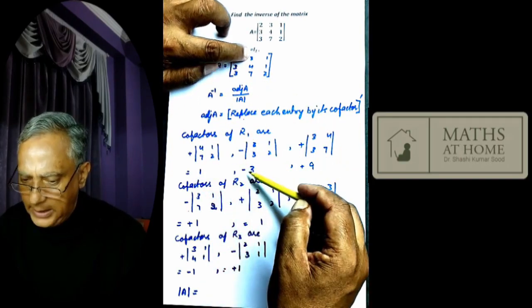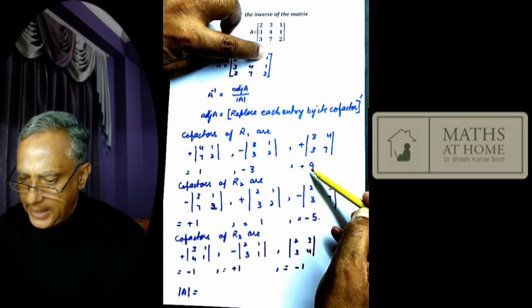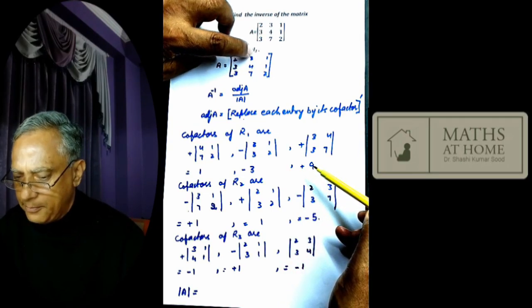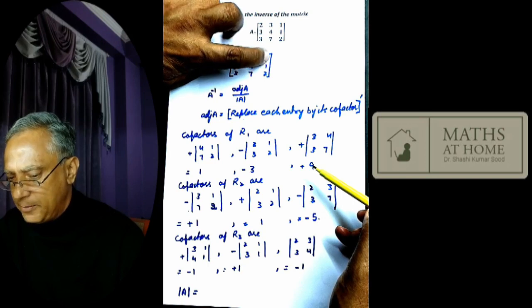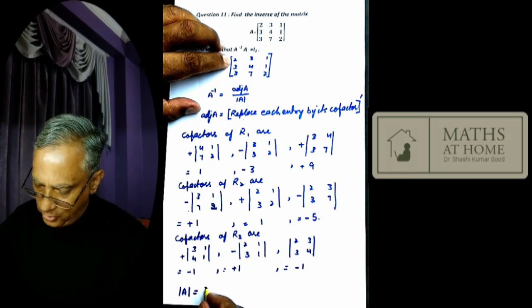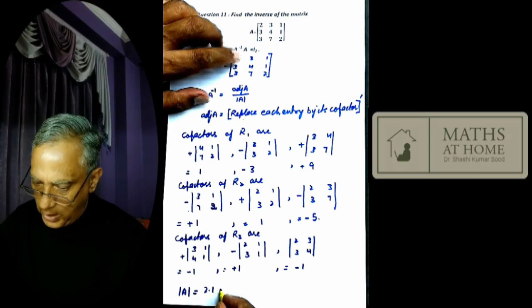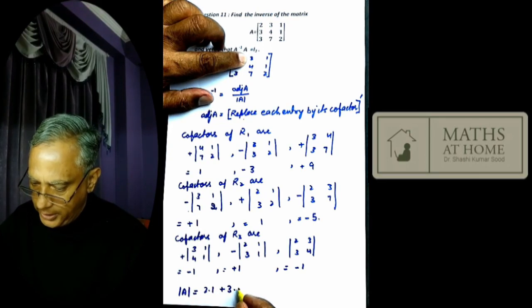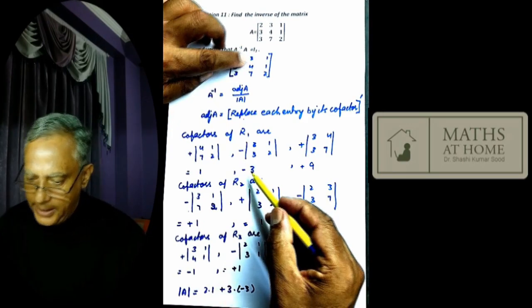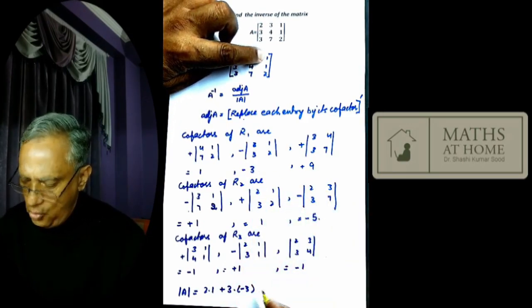So 2 into 1, 3 into minus 3, and 1 into 9. 2 into its cofactor plus 3 into its cofactor plus 1 into its cofactor. So determinant will be 2 into 1 plus 3 into minus 3 and 1 into 9.